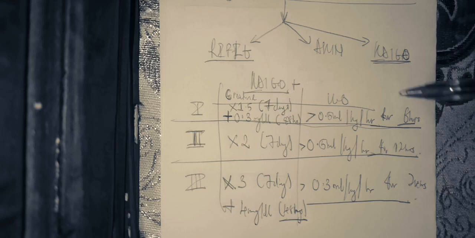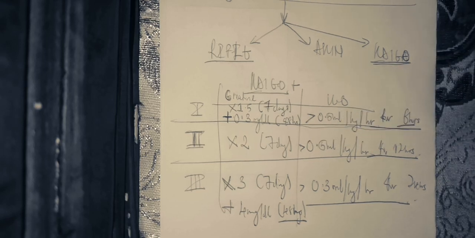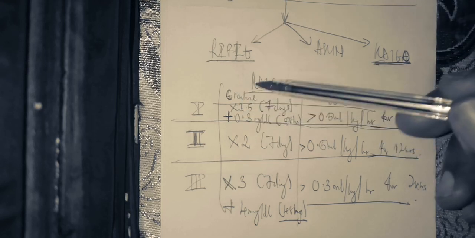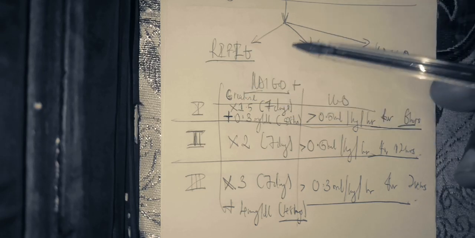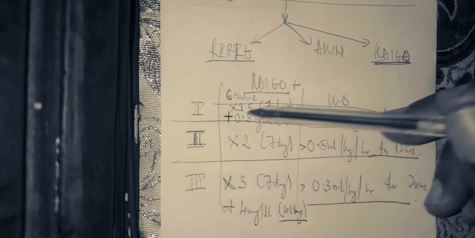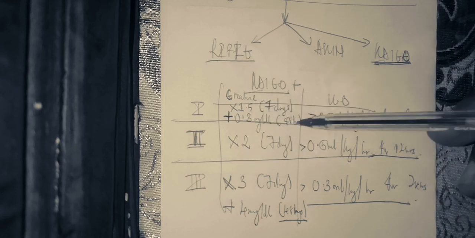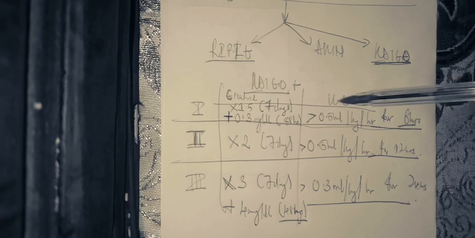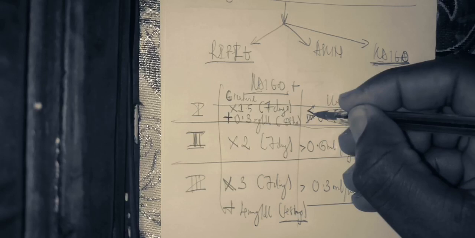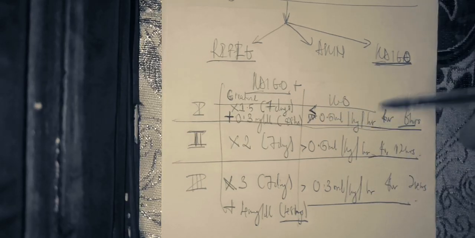So let me just give another definition of acute kidney injury based on the category classification. Acute kidney injury says that if you have an increase of 1.5 times the baseline creatinine within 7 days, or you have an increase of 0.3 milligram per deciliter within 48 hours, or you have a urine output of less than 0.5 mils per kilogram per hour within 6 hours, it is a case of acute kidney injury.